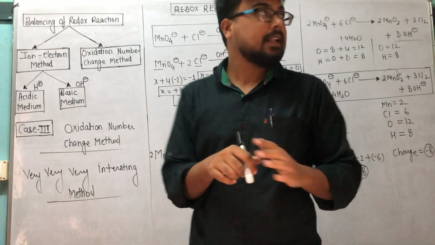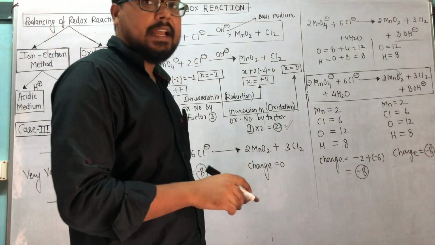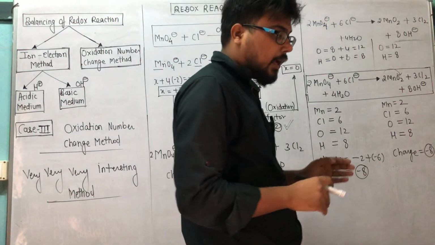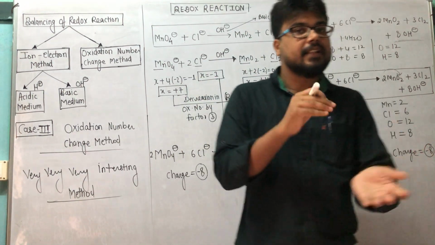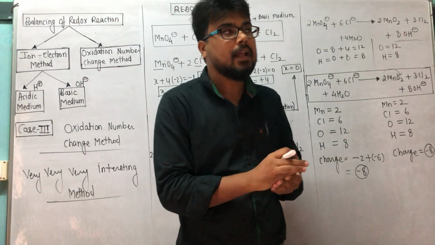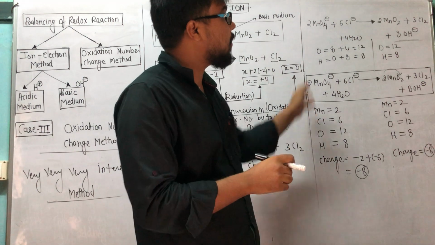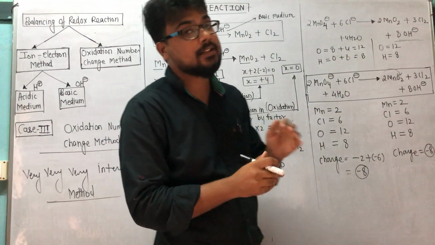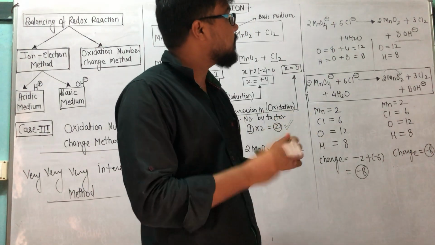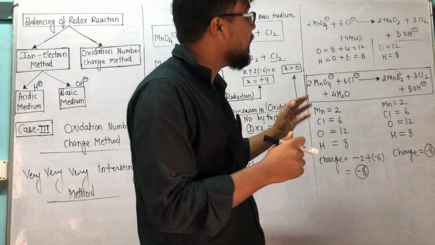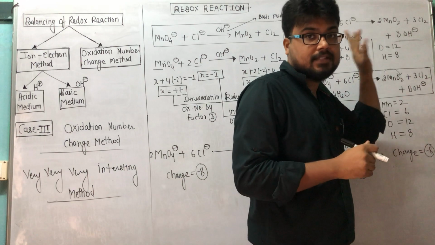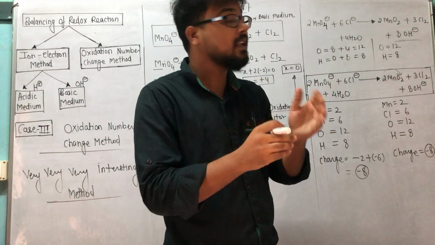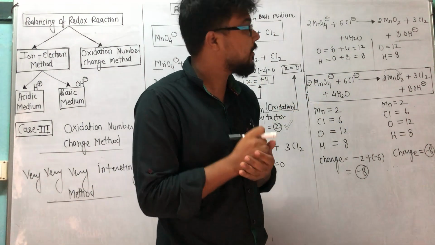And after that I will see charge. If charge is not balanced and the number of charge is less or more, it can be made equal by adding a suitable number of OH minus ion, because we are doing balancing in the case of basic medium, so it's very important to add OH minus ion, means hydroxyl ion.